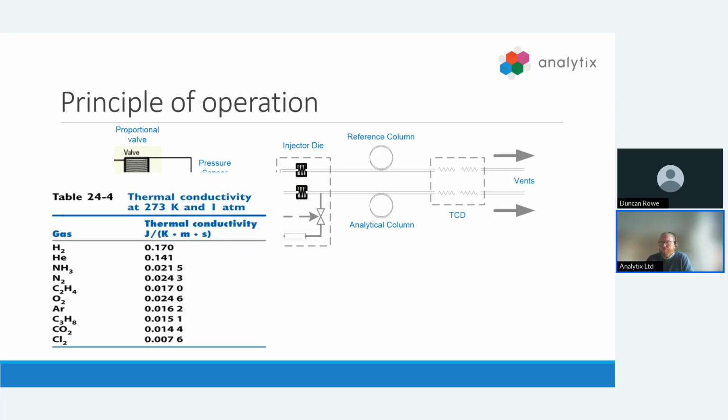For example, if we were looking to analyze nitrogen from this list, we wouldn't choose argon as a carrier gas, because they have very similar thermal conductivities and you would get a poor response from the detector. What we would do is choose helium as our carrier gas in this example, as it has the highest thermal conductivity and will give us a good response of target analyte versus carrier in our TCD detector.